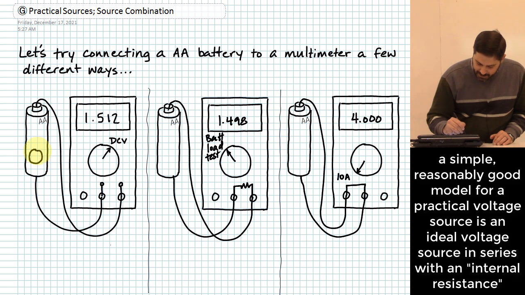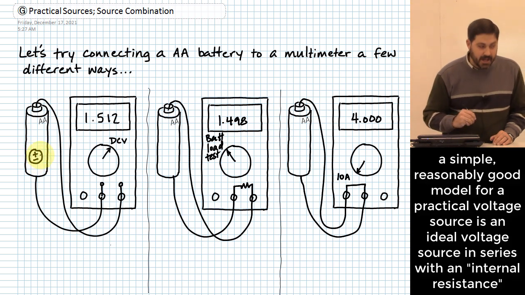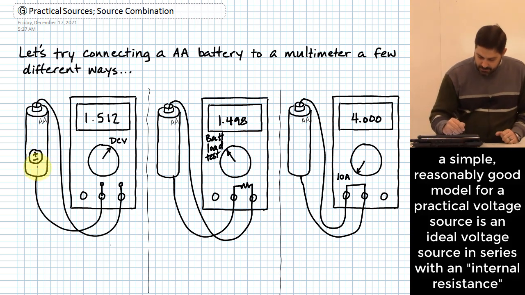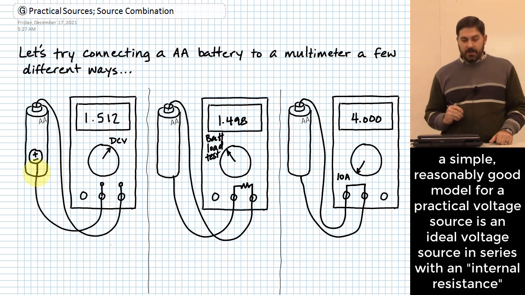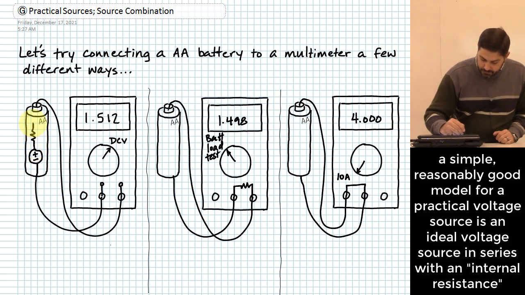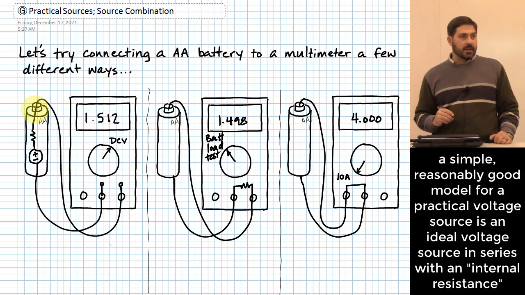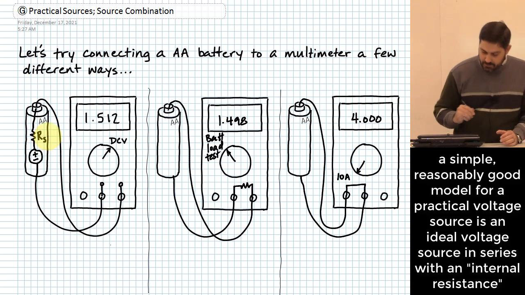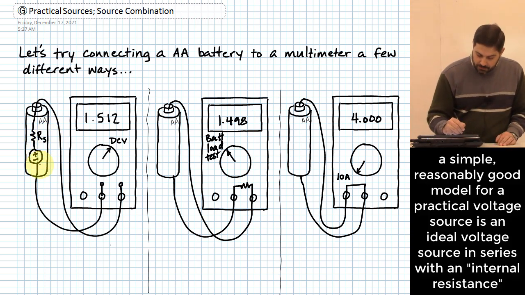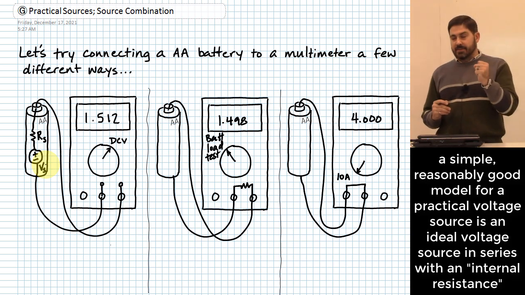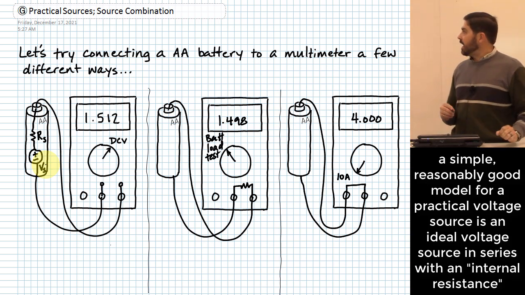Think of inside of this battery, not that this is what's really inside of there, but in terms of the theory, that it's got an ideal voltage source, but then in series with that ideal voltage source, we have some little value of resistance. I'm going to call it R sub S. Down here, this little voltage source, I'm going to call V sub S. The sub S stands for source. So that's the voltage inside the source, and then the resistance inside the source.